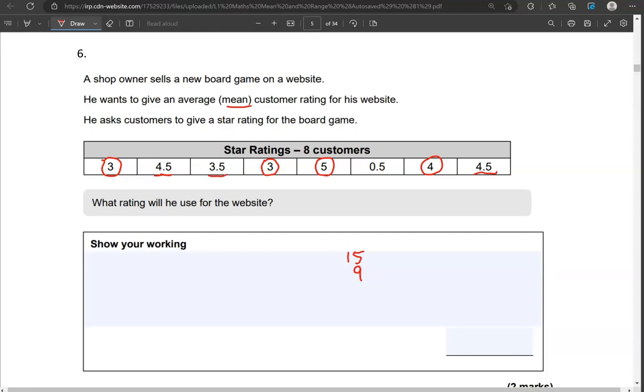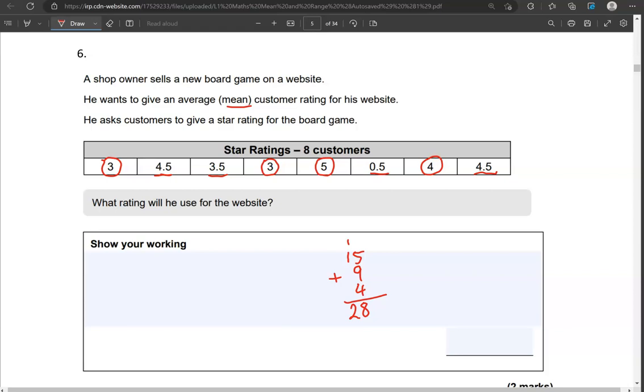Then we have 3.5 and 0.5, which gives us 4. So 5 and 4 is 9, and the 9 gives us 18. So 8 down, 1 carried over, 1 and 1 is 2. So that is 28 in total.